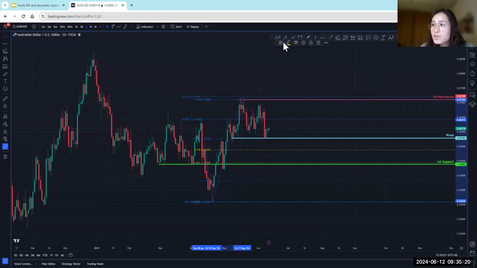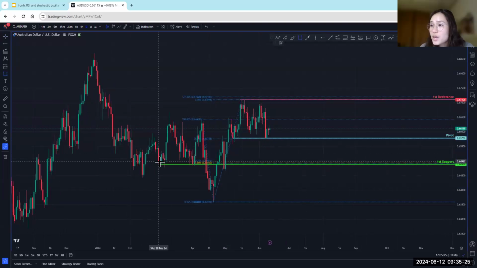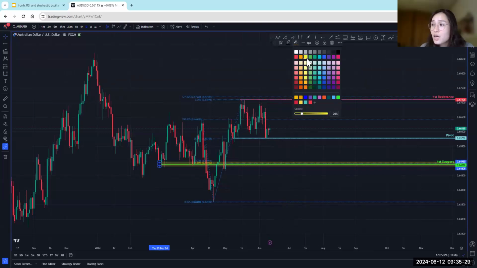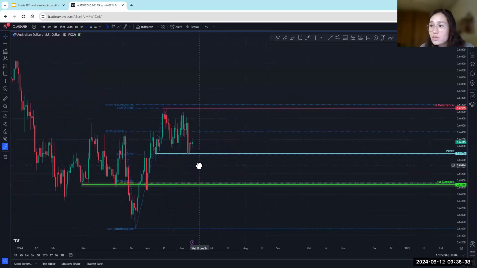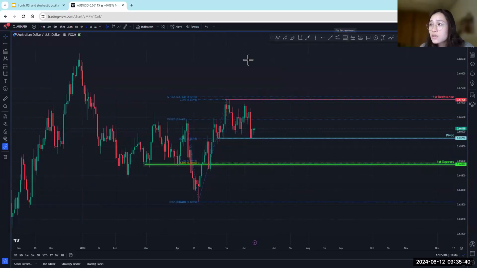Okay, my 78.6 also lines up with this first support. So this area here is our confluence area, which is basically when two or more Fibonacci levels line up nicely. Okay, that's our confluence area.